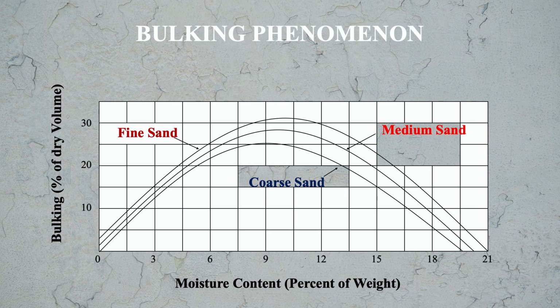Now as the moisture content is increasing, bulking goes on increasing, and at a particular value it is maximum, something between 9 to 11%, and when the moisture content increases beyond this limit, the bulking again goes down. So this is the bulking phenomenon.